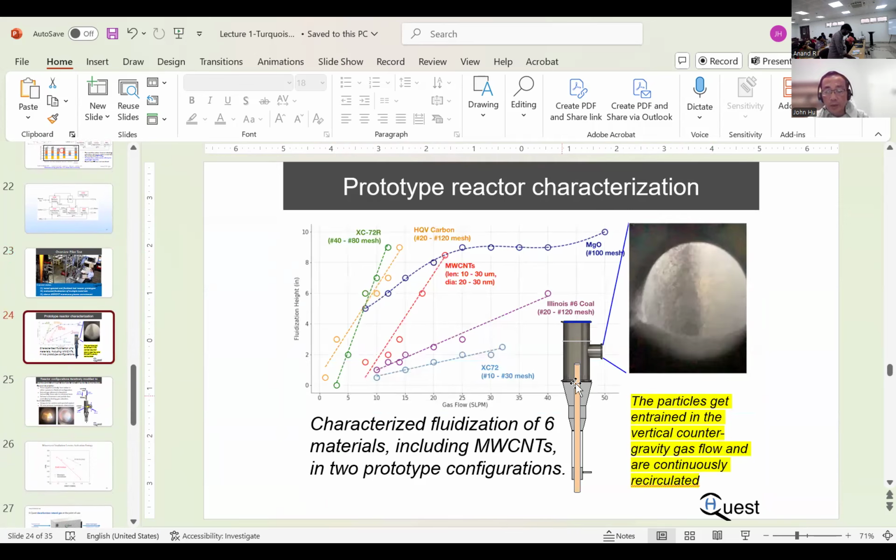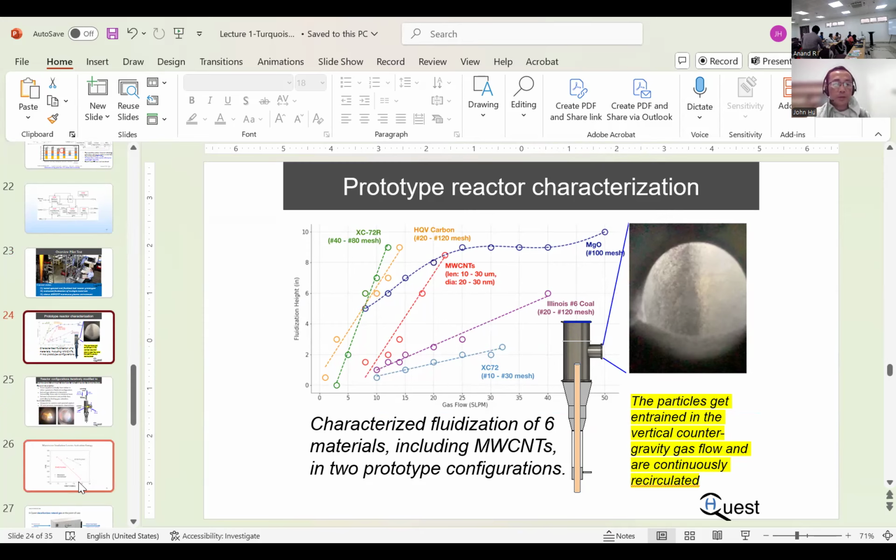And then this is the reactor. Because it's a continuous flow reactor, we have to use the so-called fluidized bed reactor. If you're familiar with the petroleum refining industry, a lot of reactors are fluidized. Fluidized means there's no pressure drop and it's easy to handle.